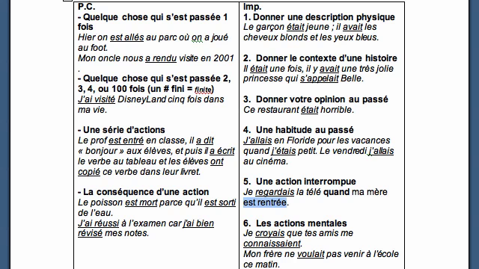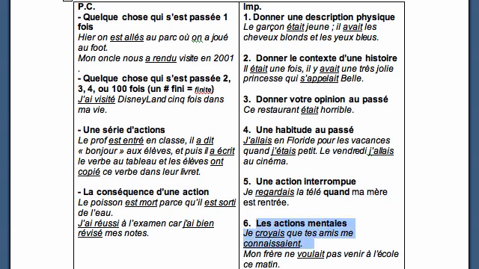So the action that was interrupted is the imparfait, and the interrupting action itself is the passé composé. Je regardais la télé is your action that's being interrupted in the imparfait, and your passé composé is est rentrée.